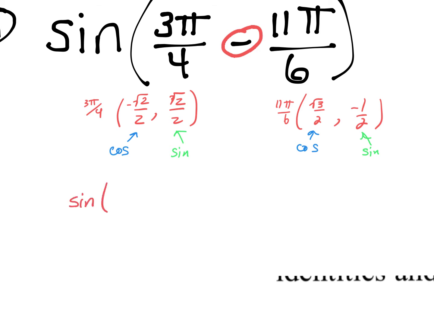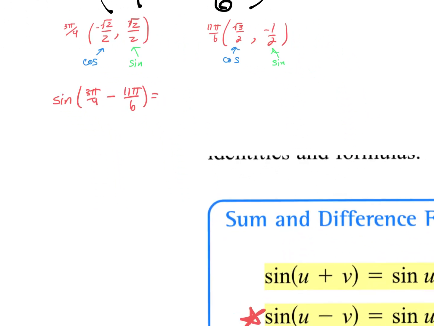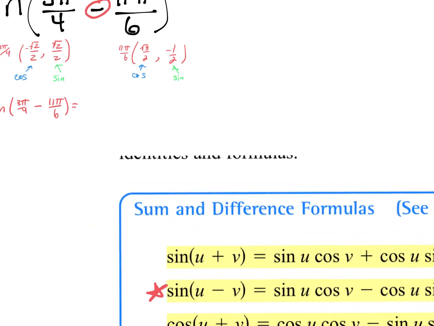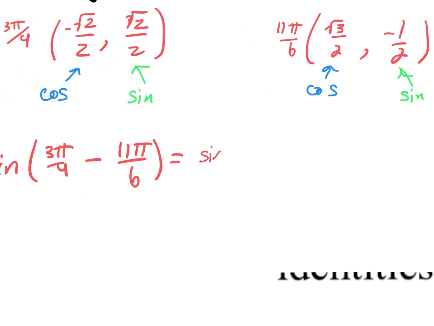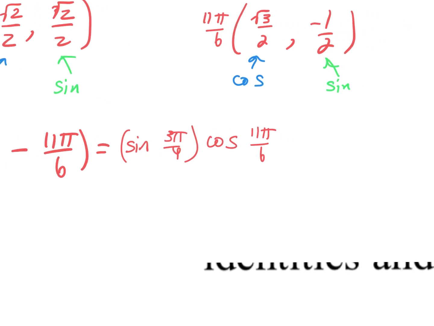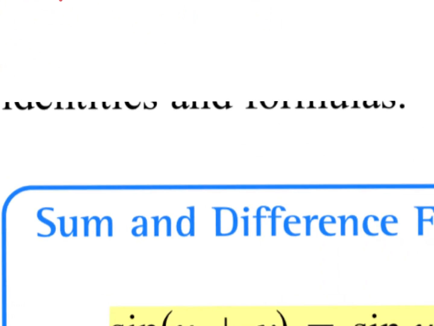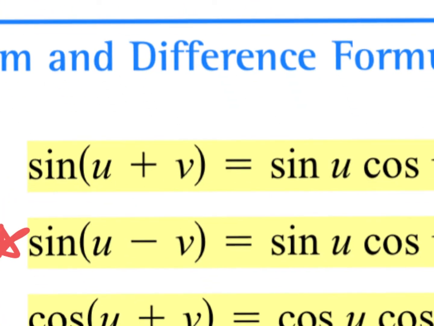You're doing the sine of 3 pi over 4 minus 11 pi over 6. So that formula is right here. It's sine, cosine. So you're going to do the sine of 3 pi over 4 times the cosine of 11 pi over 6, minus cosine sine.